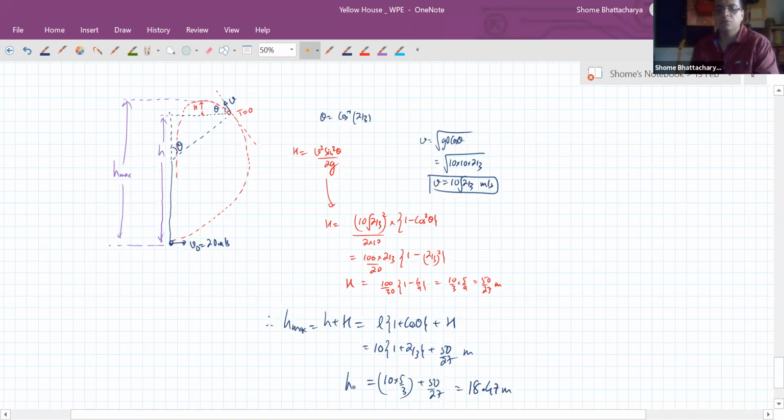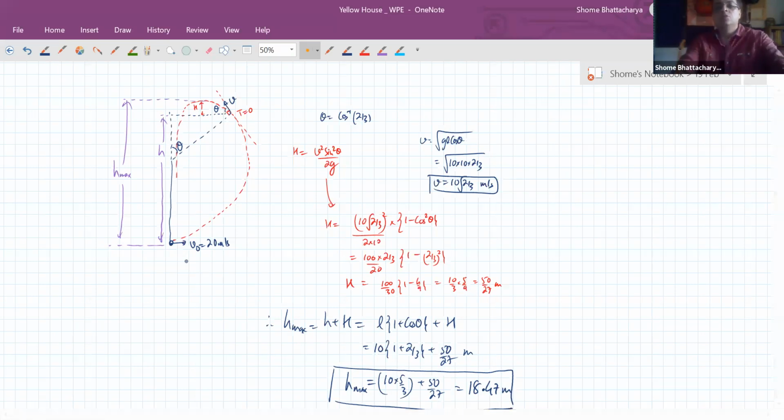This is the maximum height to which the particle will climb from the initial position from where it started. Okay, so bit of a lengthy calculation, but this is how you do it.